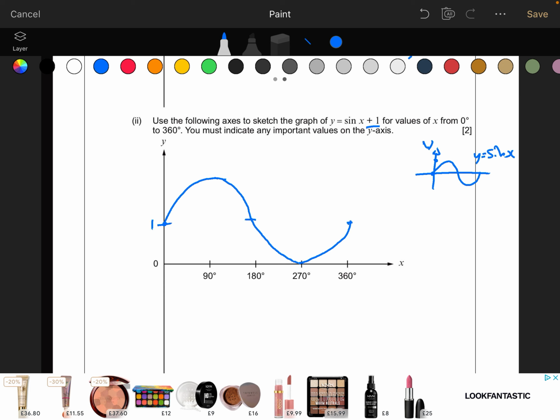So that's 1. So I'm going to draw marks on there. Those go to 180 and 360, and this value here is 2. Okay, so it's just really shifted the whole graph upwards 1 unit. I probably do need to do that as well, don't I? Just to make sure it's really clear.